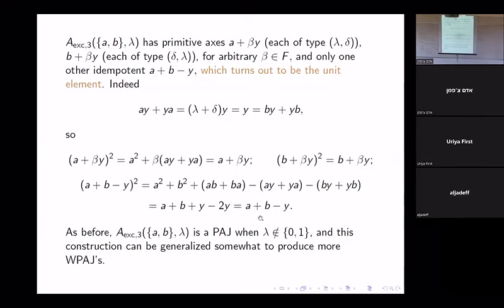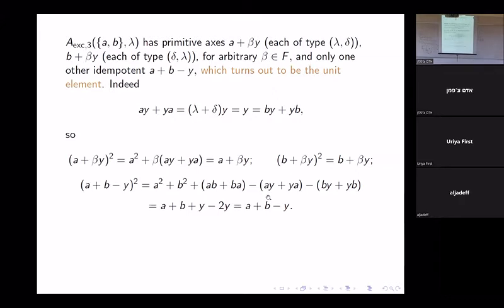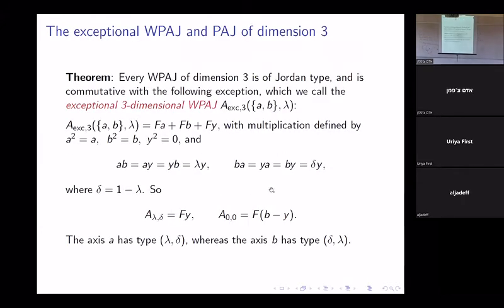Here we have the left regular band, because AB is Y and BA is Y prime. And you can budget so that those are idempotent, if you don't have 0 and 1.